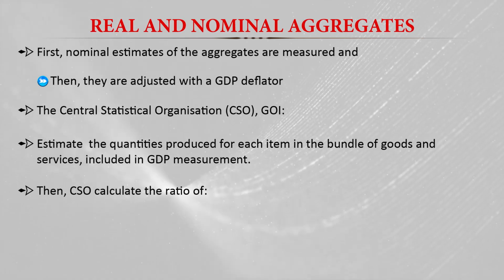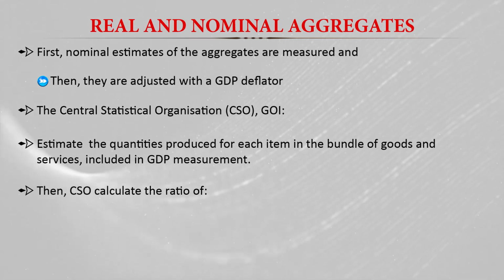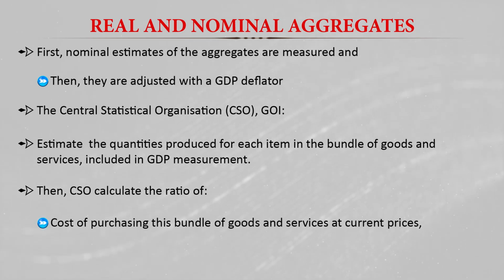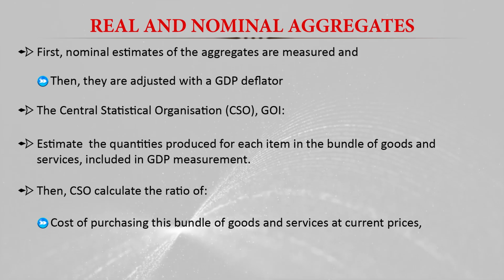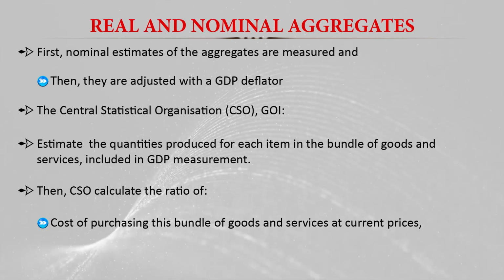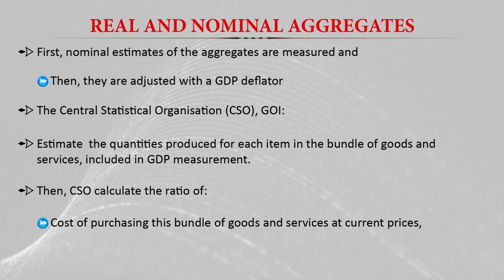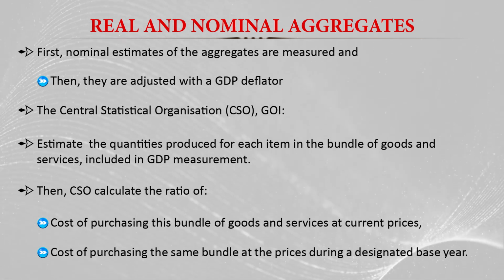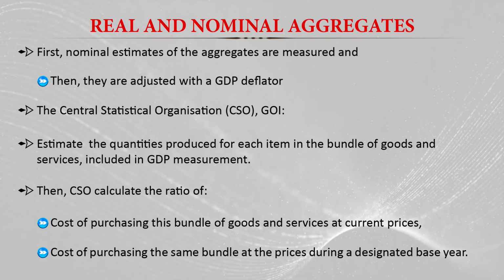For calculating the GDP deflator, basically we calculate a ratio of the cost of purchasing the bundle of goods and services at current prices, and then we divide this by the cost of purchasing the same bundle of goods and services during a designated base year.